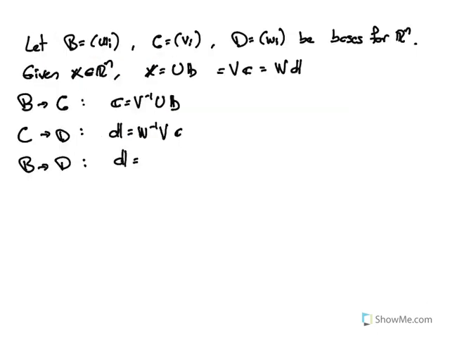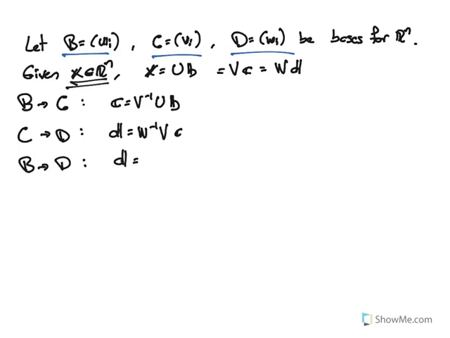Now let's make things even more fun, and suppose we have three bases. So we have the bases u, v, and w. And I'm being a little inconsistent with my vector notation, but now it should be right. So now we have the same question.